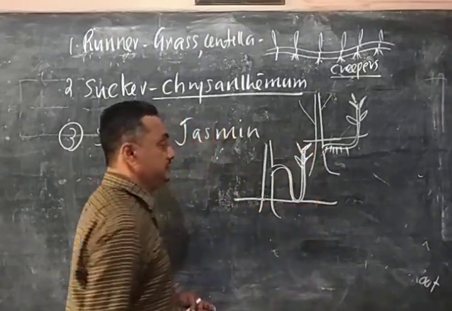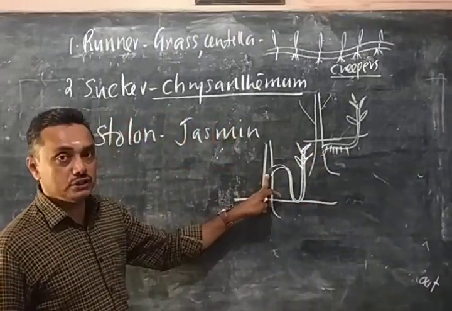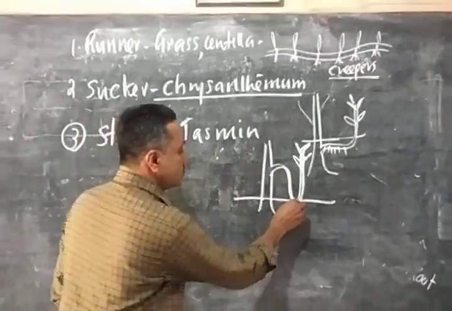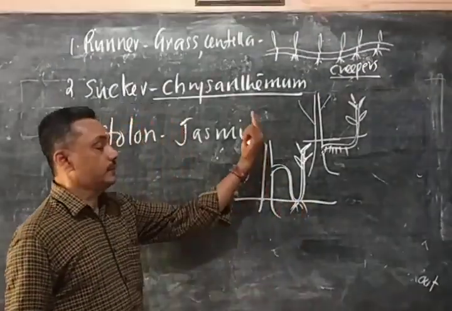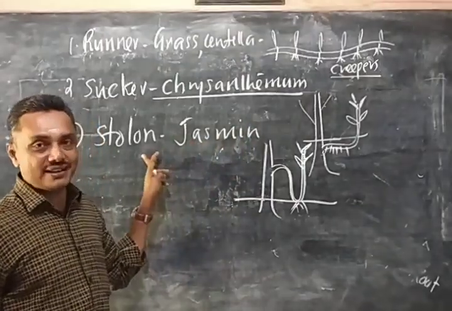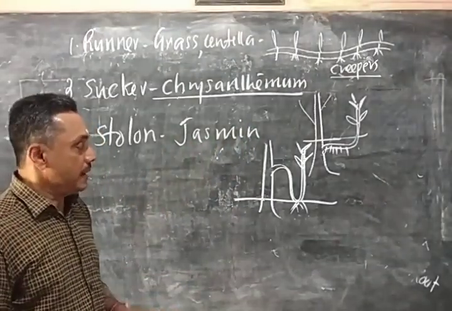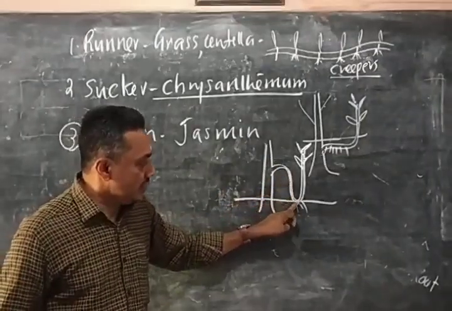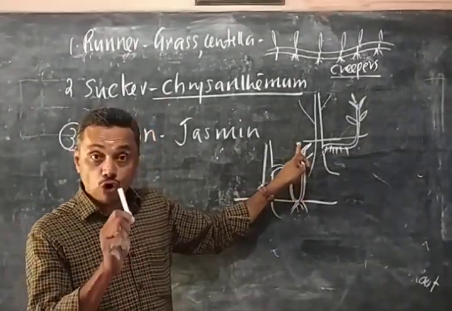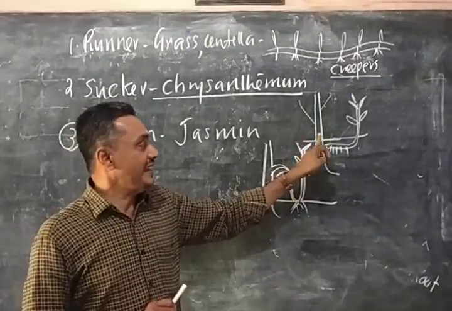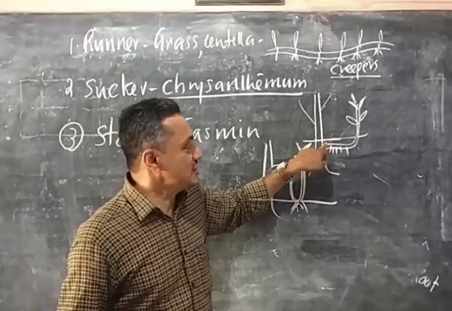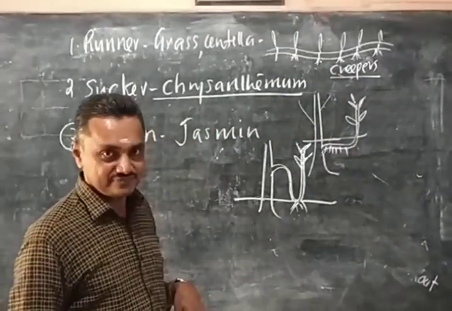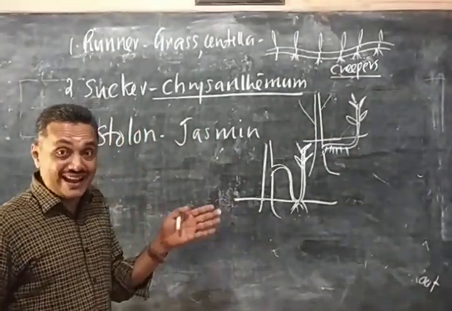Branches grow downwards, touch the soil, and roots are formed there, then the tip comes upwards. Jasmine, a white flowered plant. In stolon, branches are above the soil level, go downwards, touch the soil, then come upwards. In sucker, branches are below the soil level, then come upwards. And for everything there is a diagram.